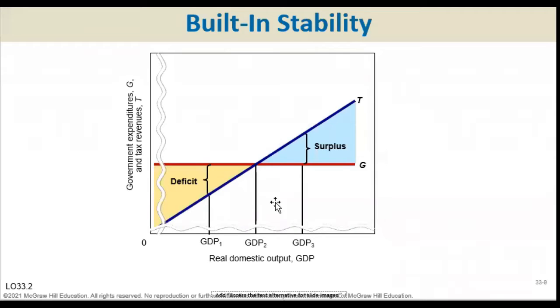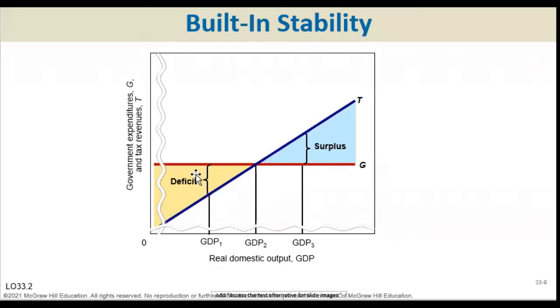You see here that our tax curve varies directly with GDP. As GDP increases, the tax also increases. And government spending here, the G, is assumed to be independent of GDP.